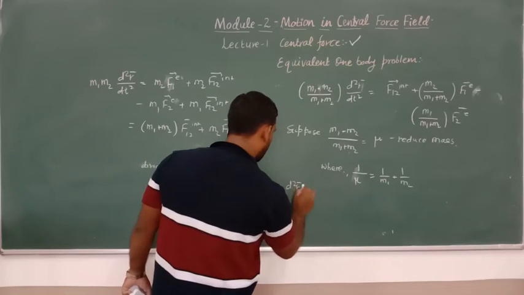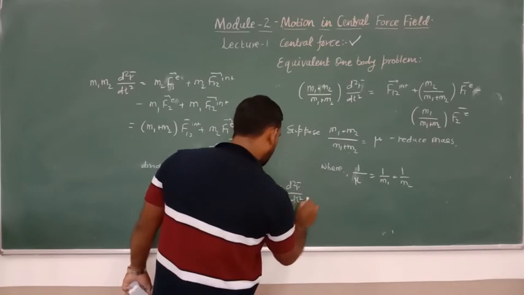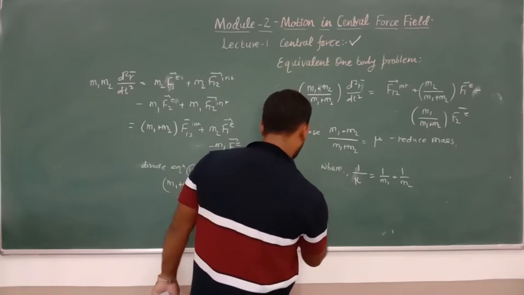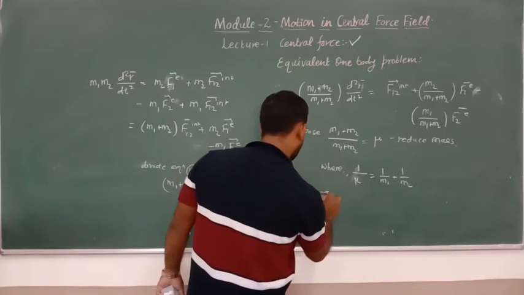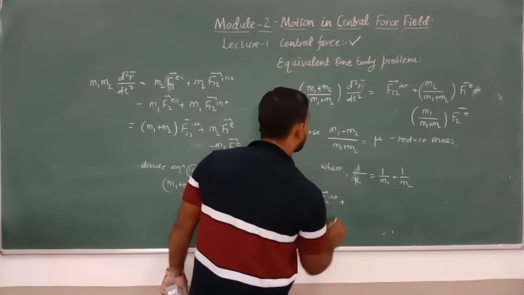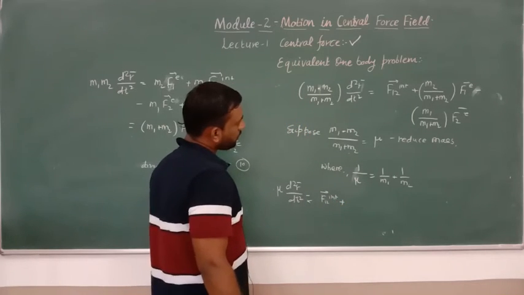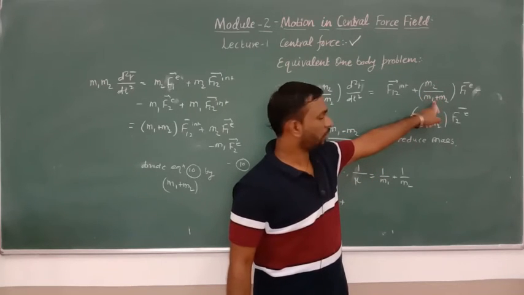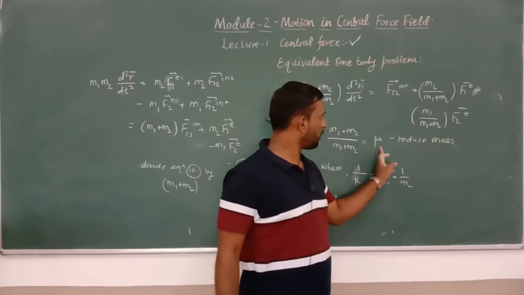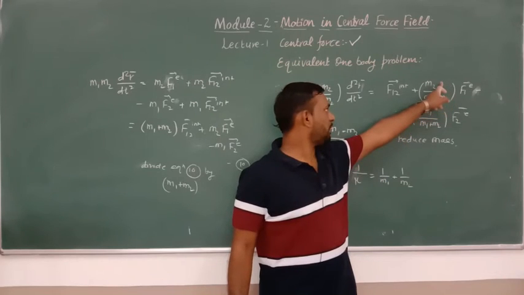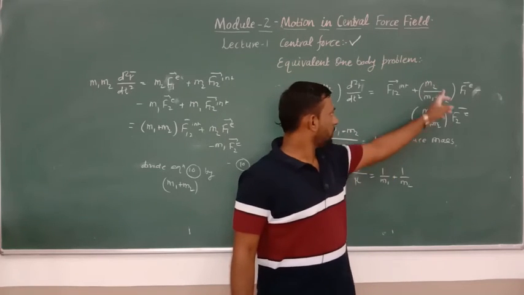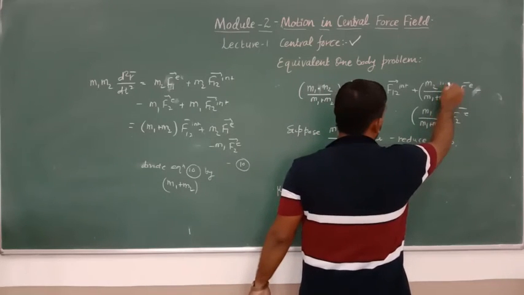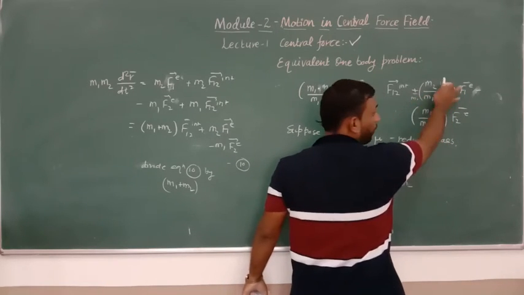d2 r bar by dt square is equal to f12 internal plus. So if you want to write this equation, m2 upon m1 plus m2, in terms of the mu, we have to multiply and divide this equation by m1. So if you divide and multiply this by m1, this is again m1 divided by m1, in order to nullify the effect.